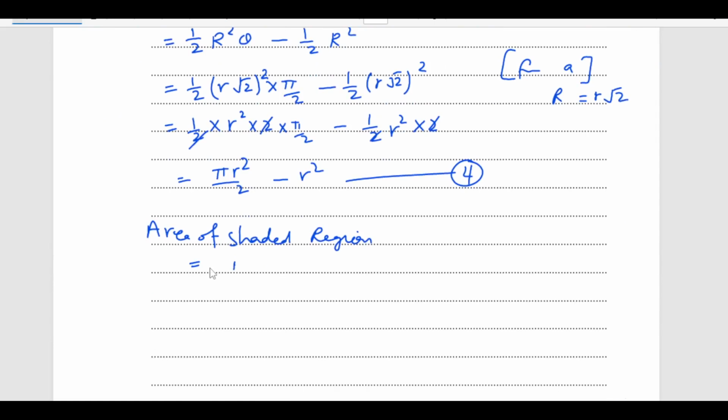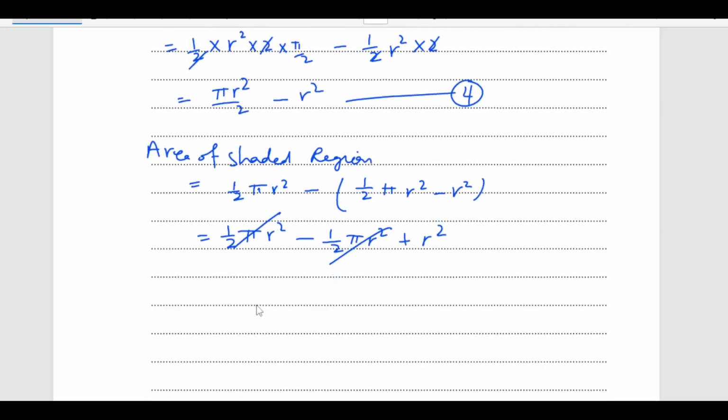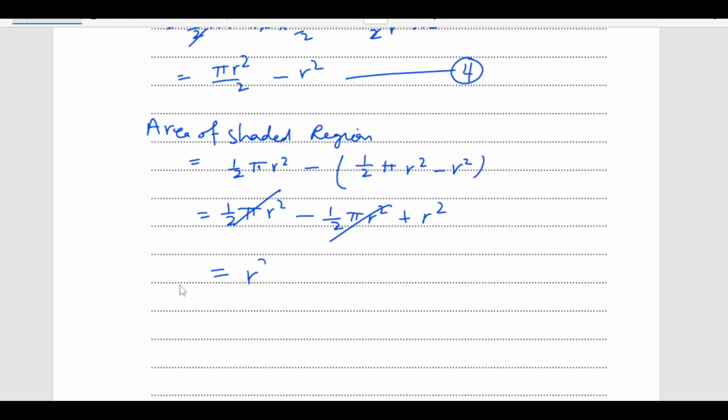So, that is half pi R squared minus, half pi R squared minus R squared. So, this is half pi R squared minus half pi R squared when you expand the bracket. So, this and this is cancelled. So, area of shaded region is equal to R squared. So, this is our final answer, right.